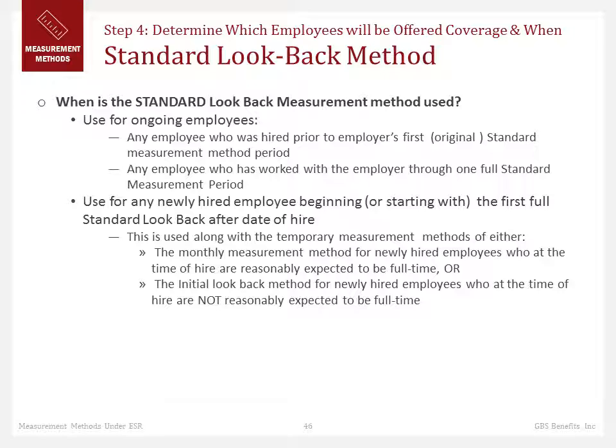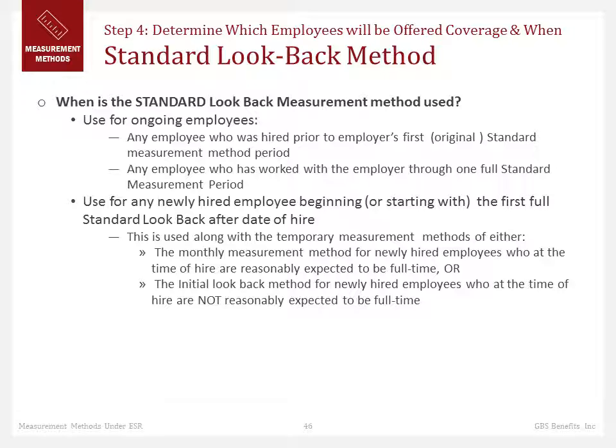Now, not only do we use the standard look-back measurement method for ongoing employees, but remember, we use it for newly hired employees beginning with the first full standard look-back after date of hire. So remember, this is used along with the temporary measurement methods of either the monthly measurement method or the initial look-back method. So remember, we have those two buckets of employees.